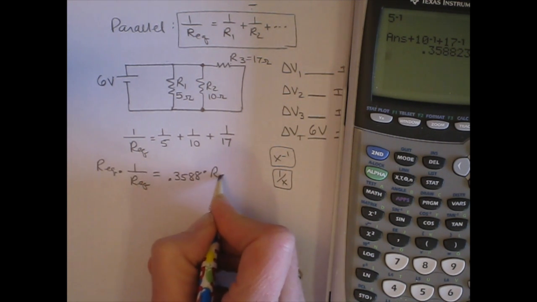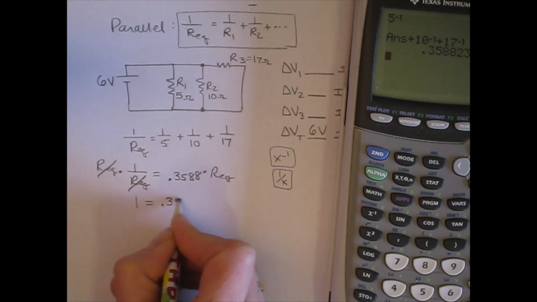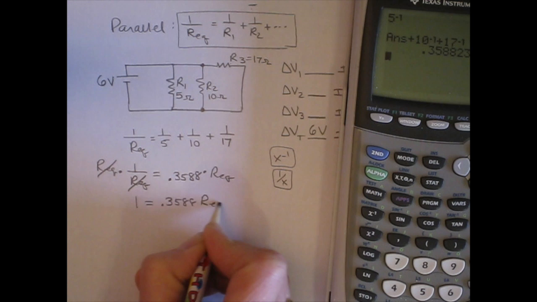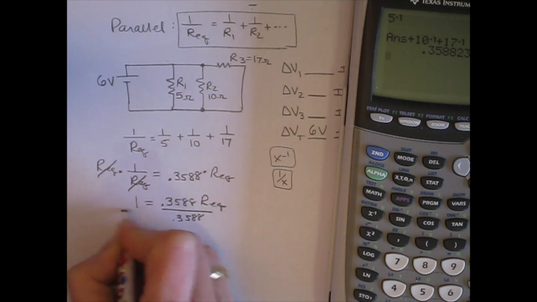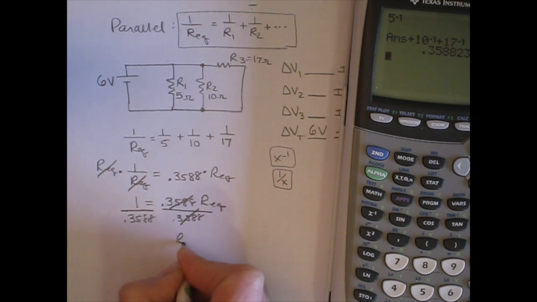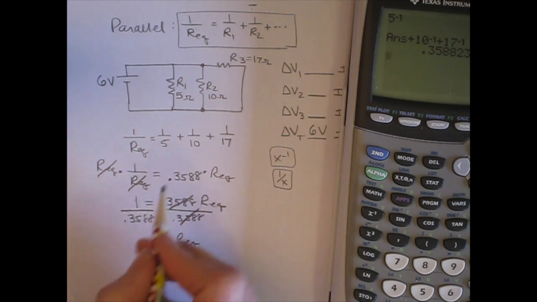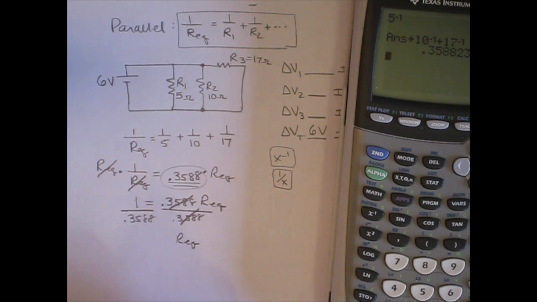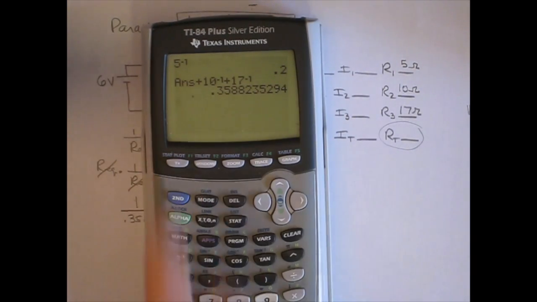Now if I multiply both sides by the equivalent resistance, we get that 1 equals 0.3588 times the equivalent resistance. Divide both sides by 0.3588, and we find that the equivalent resistance is 1 over this number. So it's the reciprocal of the number that you get here, which means that I just need the reciprocal of that value.